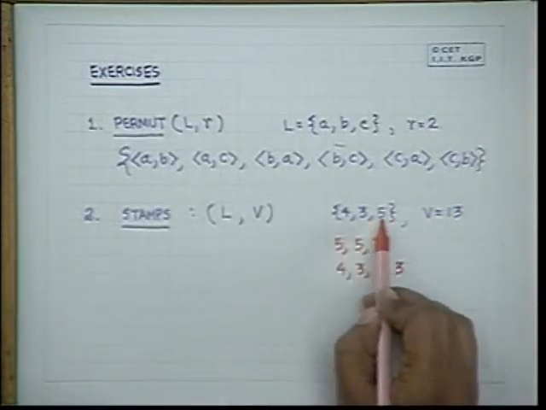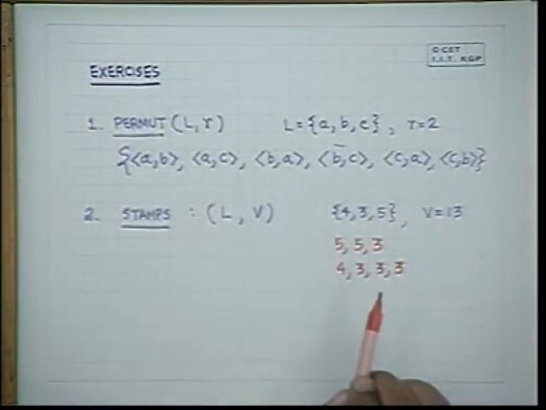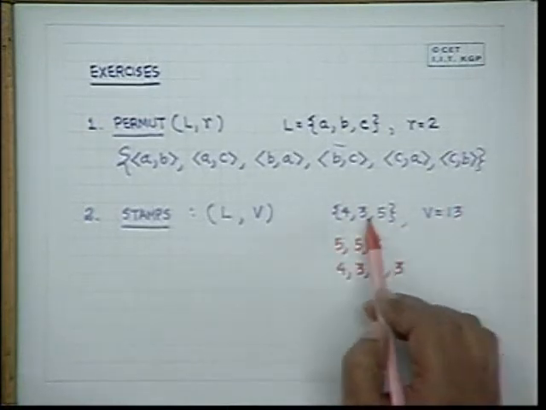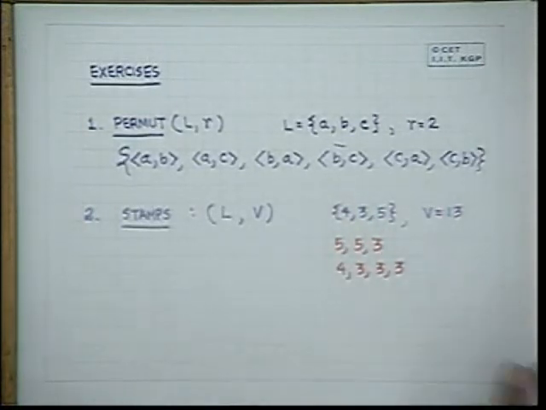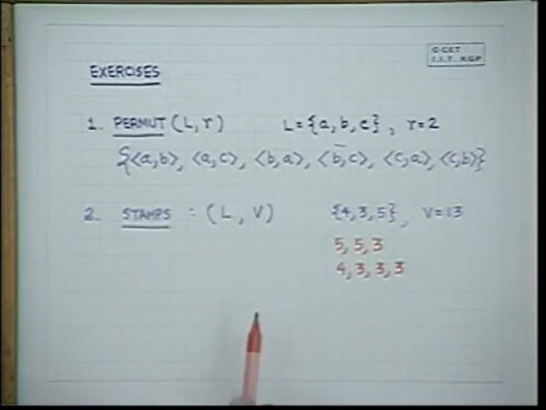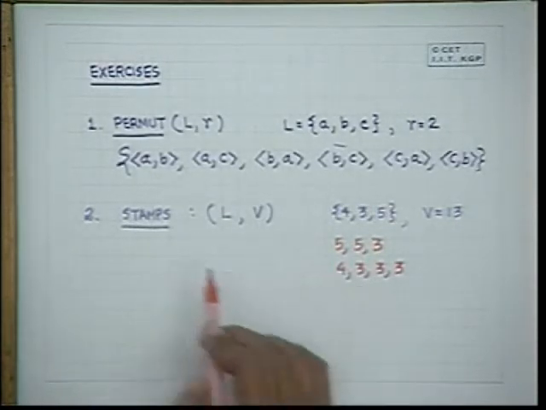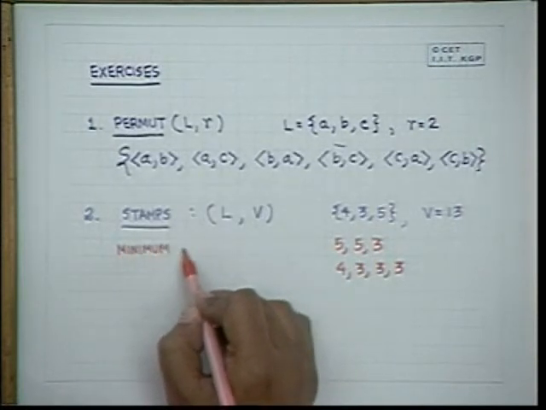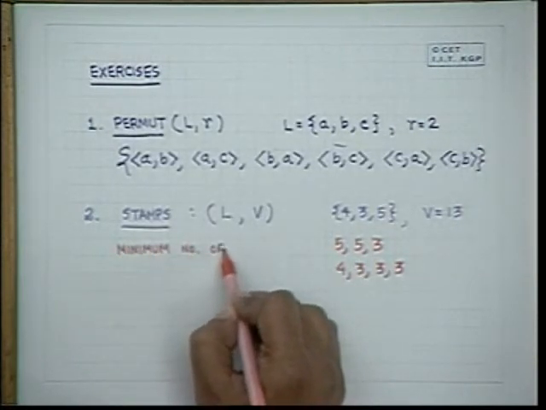For every such, there may not be a solution also. I may give you such a set for which there is no solution, and such a V for which there is no solution. In that situation, you have to say there is no solution. But the stamps problem does not end in finding any one solution. You have to find that solution with minimum number of stamps.